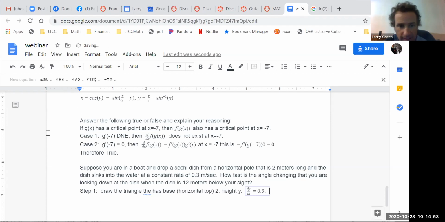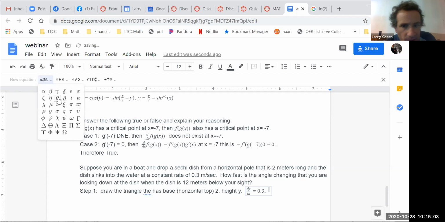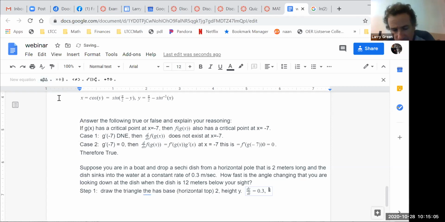And what we want is to find the rate of change of the angle, and that is dθ/dt, equals, we don't know, question mark. Any questions so far?